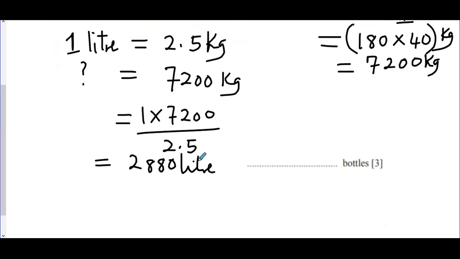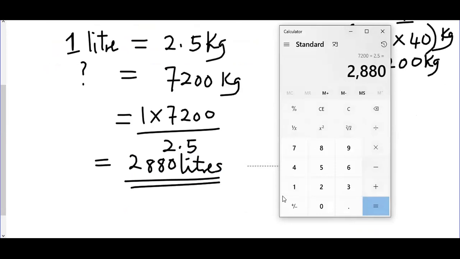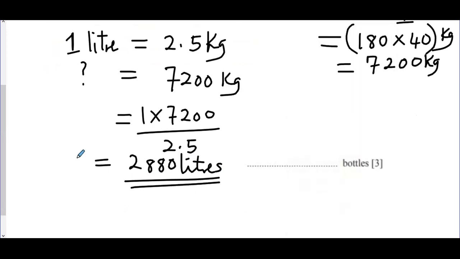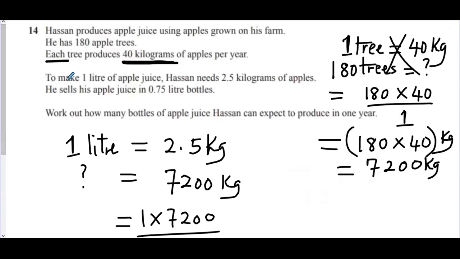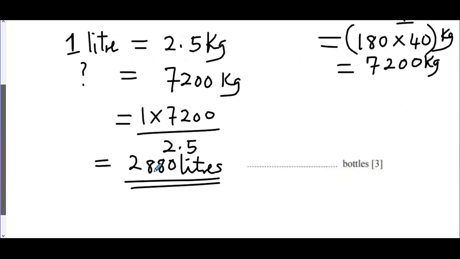This is the amount of liters that Hassan will be able to produce. So we have got 2880 liters of juice.